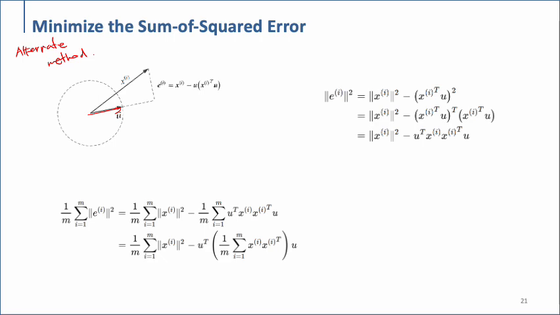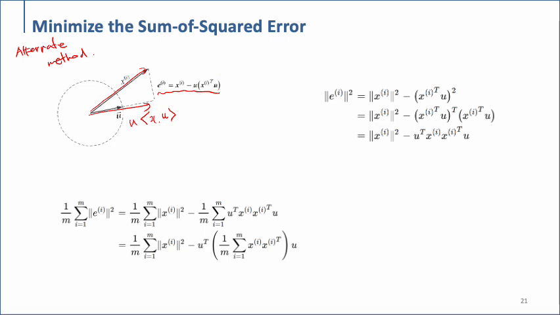And here, when you think about the x vector and the projection of x onto this u vector, which can be written as the inner product between x and u, then the error is x minus the projection onto the u axis.